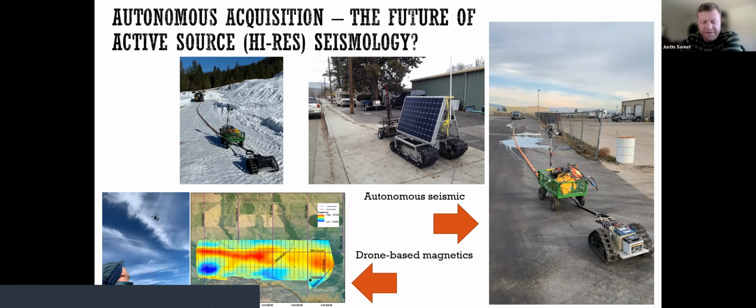Yeah, I appreciated this last slide too, thinking about the future of these kinds of active source surveys, and these robotics applications, towing the complete package with the land streamer behind and the source right there. It seems like that's a really powerful combination.